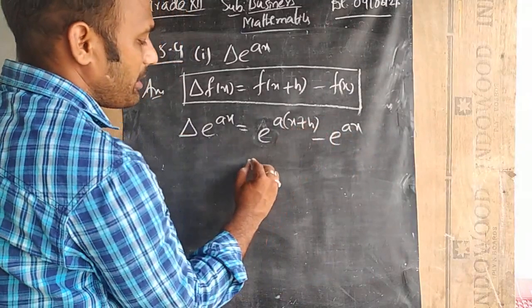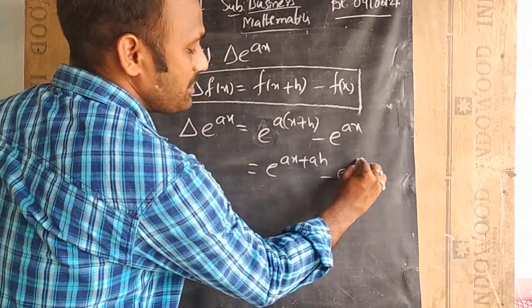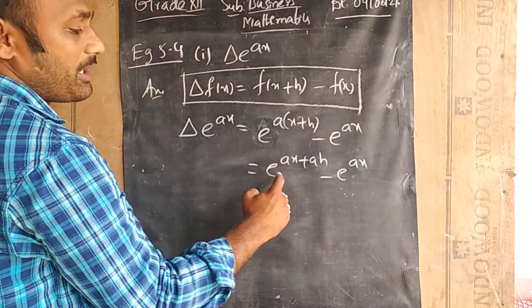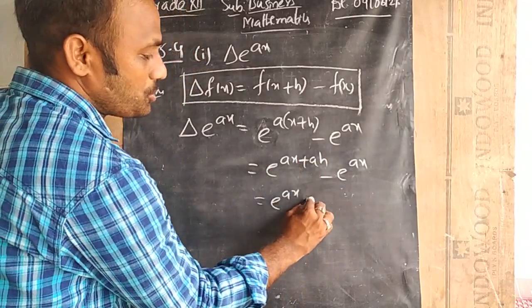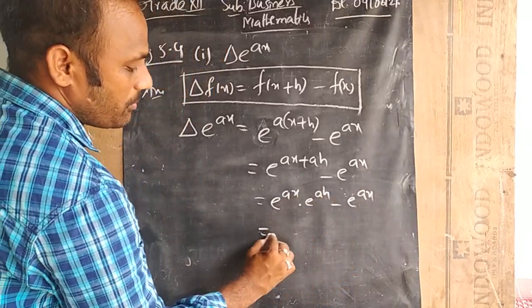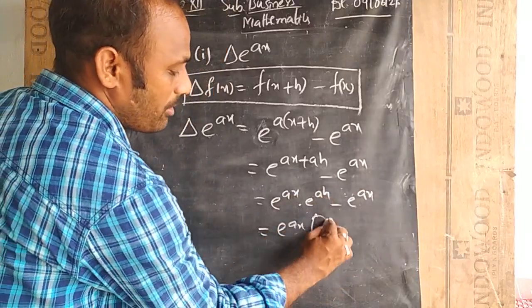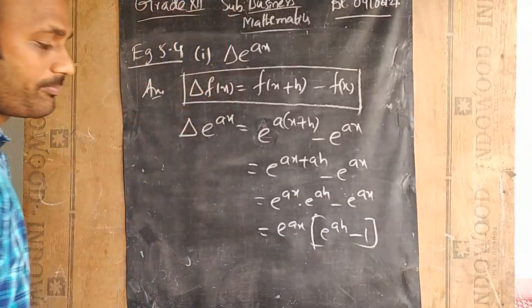This can be written as e power ax plus ah minus e power ax. Using a power m plus n as a power m into a power n, we get e power ax into e power ah minus e power ax. We can take e power ax as common, so what is left here is e power ah minus 1.